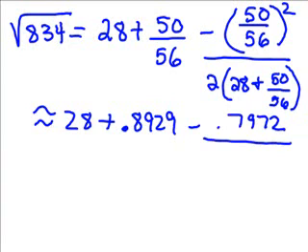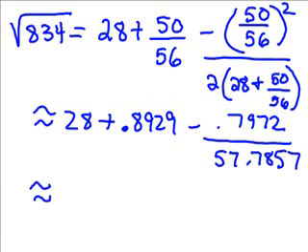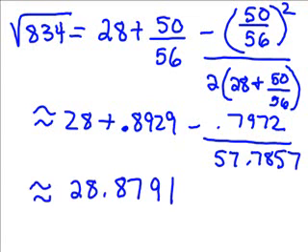And the bottom, 2 times 28 plus 50 over 56, should give you 57.7857. And again, I rounded everything to 4 places. So if we just use our calculator to get this sum, we end up with 28.8791.